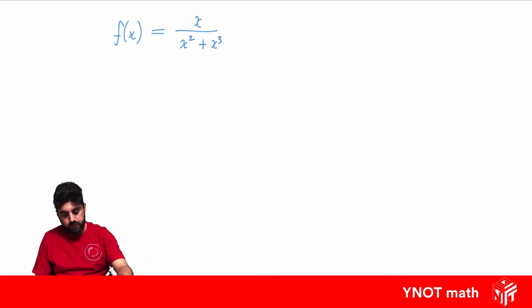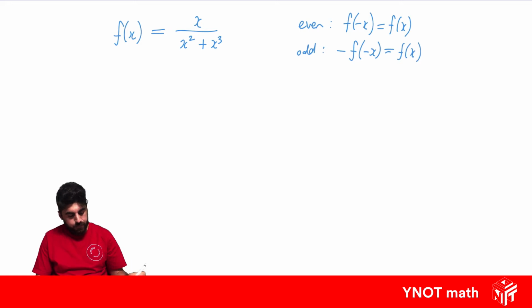Well, our rule for an even function is that f of minus x equals f of x. And for an odd function, minus f of minus x equals f of x. We already know what the original function is because that's been given to us, so we know these two. So we need to find f of minus x and minus f of minus x. So let's go ahead and do that.